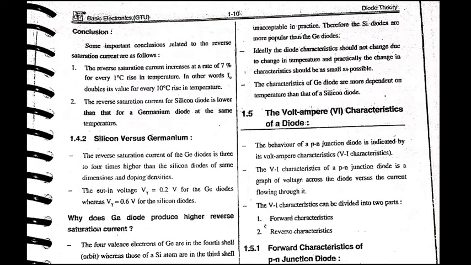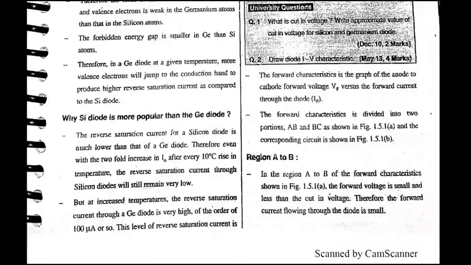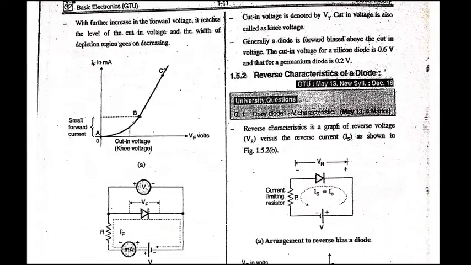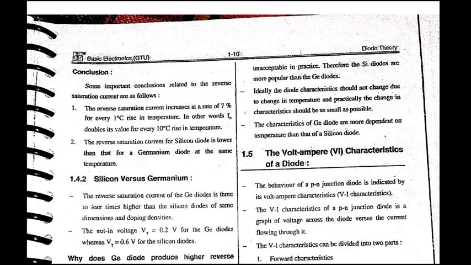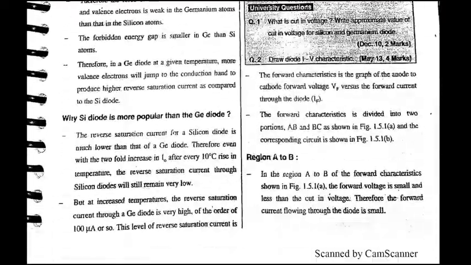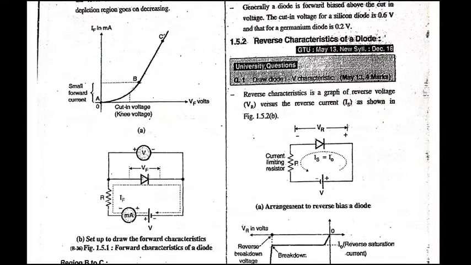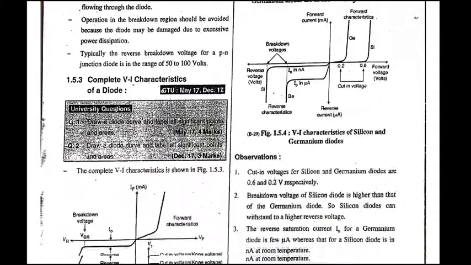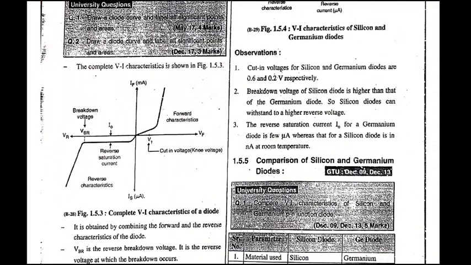Then we discussed the VI characteristics in the forward bias. We have cut-in voltage for that. Then we discussed the VI characteristics in the reverse bias, then the combination of both.